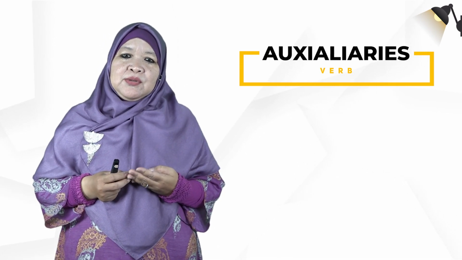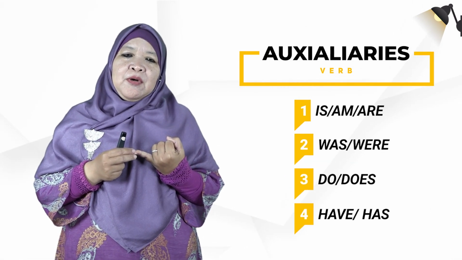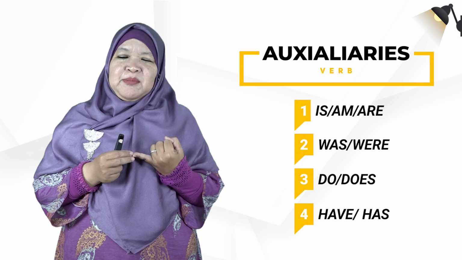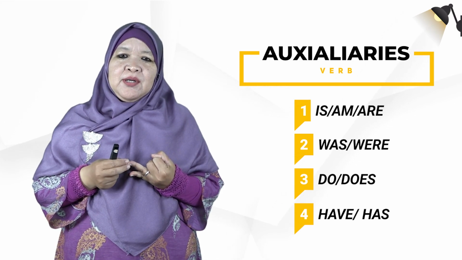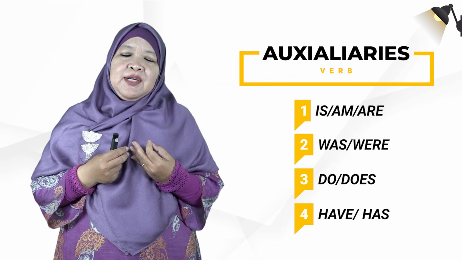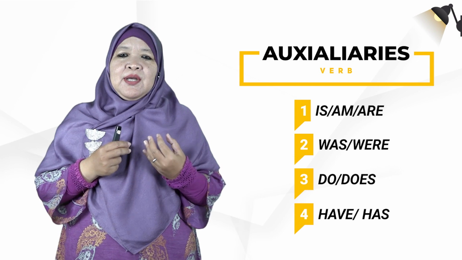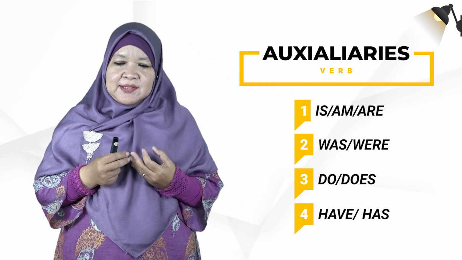What are those auxiliary verbs? They are, first, the group of be, like is, am, are, and then was, were, and then the other auxiliaries, do and does, and also have and has.